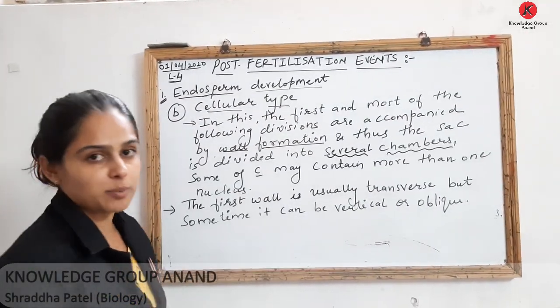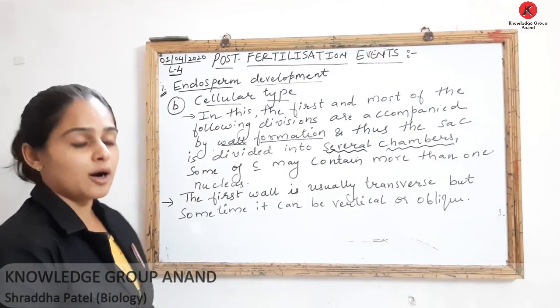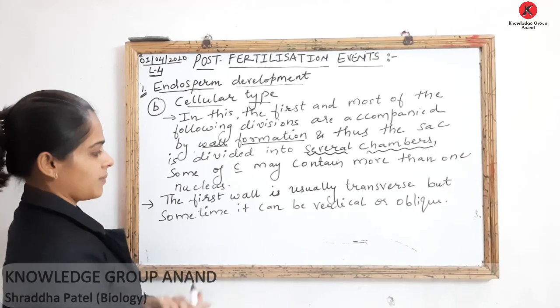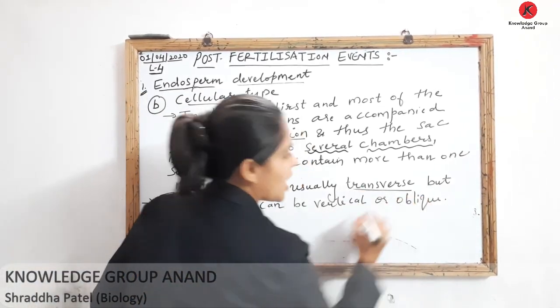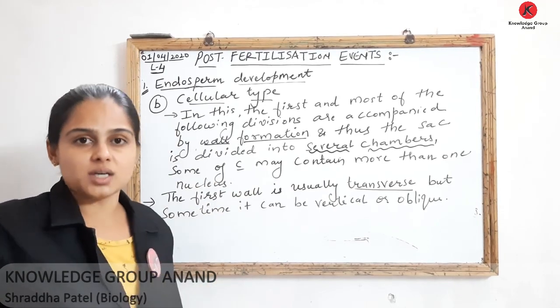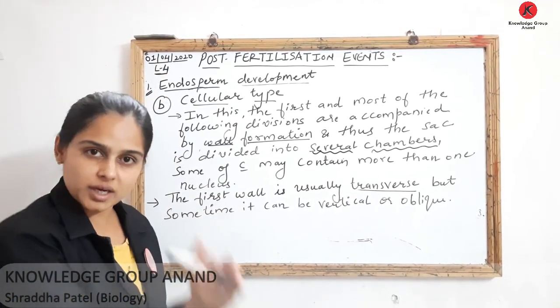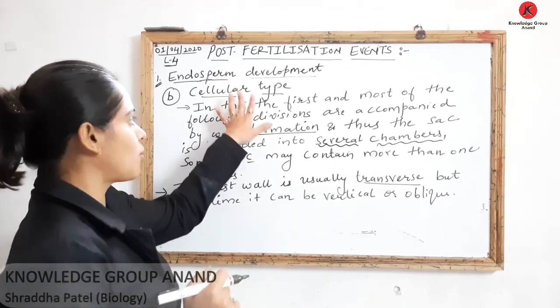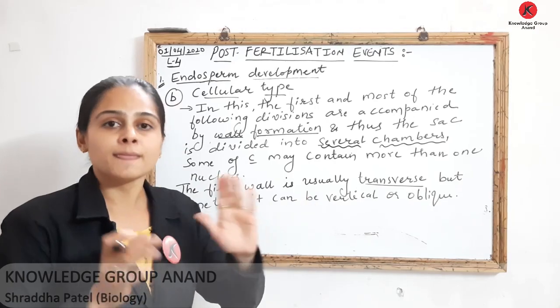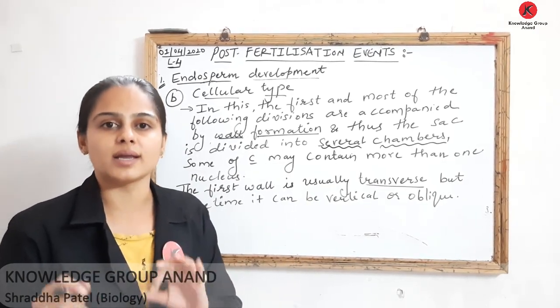इसकी वजह से your embryo sac appears several chambered. Okay, now ये जो आपका division है, the first wall division is usually transverse, whereas in certain cases it may be vertical or it may be oblique also. Once again मैंने आपको क्या बोला, cellular type में क्या होता है, simple as that, your karyokinesis followed by cytokinesis.